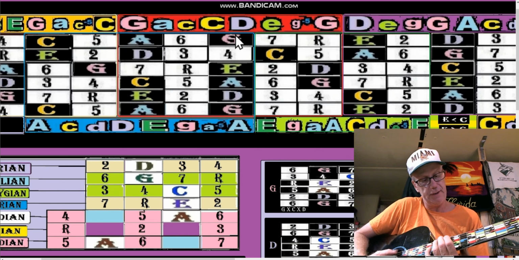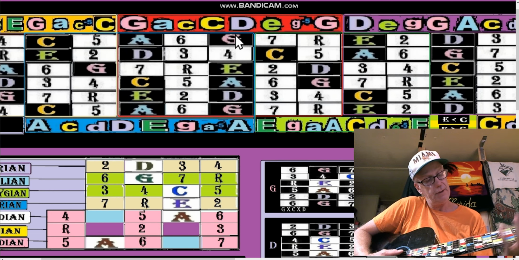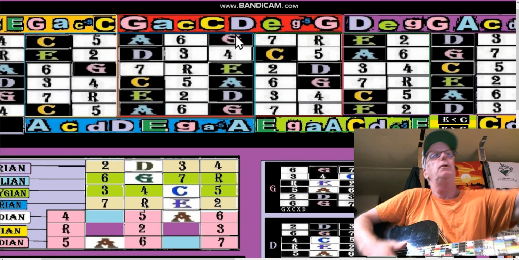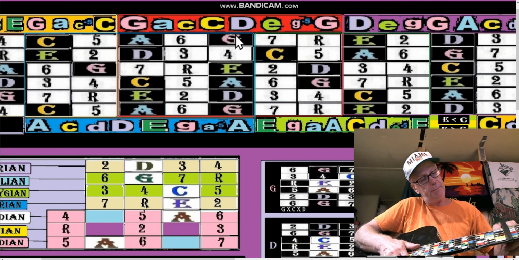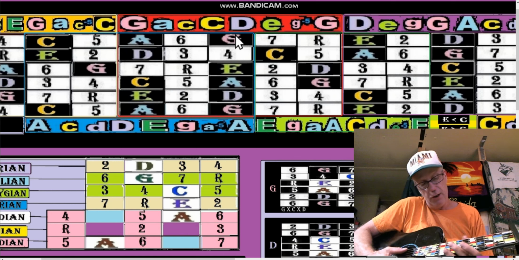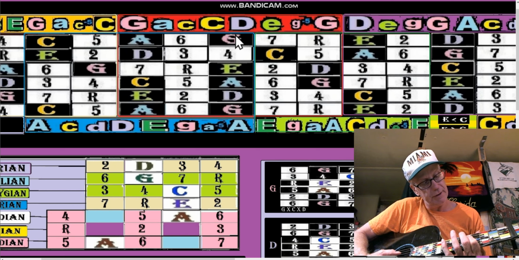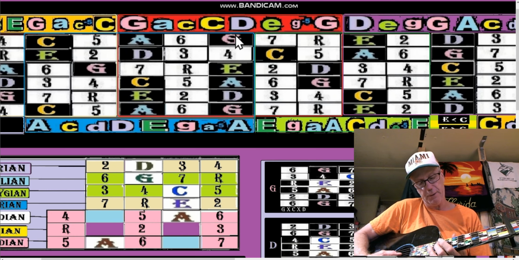So it would be C-A-G-E-D. Okay, now with the capo on here, this is where your guitar is pretty much. So you'd want to start that C a little higher, so you can start it here. It would be C-A-G-E-D. That spells cage.